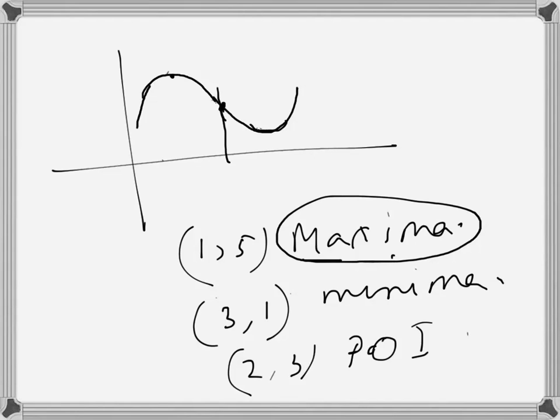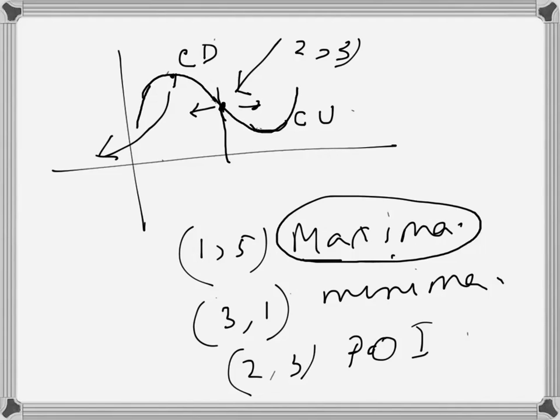So this is where the point of inflection is, which is (2, 3). To the left of this one, it is concave down, and to the right of this one, it is concave up. This point is the maxima, which is (1, 5), and this one is the minima, which is (3, 1).